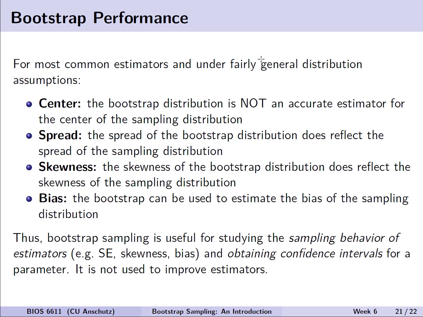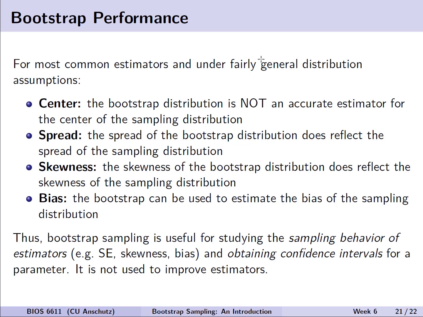However, the spread of the Bootstrap distribution will reflect the spread of the sampling distribution, even if the center is slightly biased or off. Similarly, the skewness of the Bootstrap distribution will also reflect the skewness of the sampling distribution. So if it's right or left skewed, we should see that as well in our Bootstrap distribution. And finally, we can leverage the bias to estimate from our Bootstrap the bias of the sampling distribution relative to the real population in our sample.